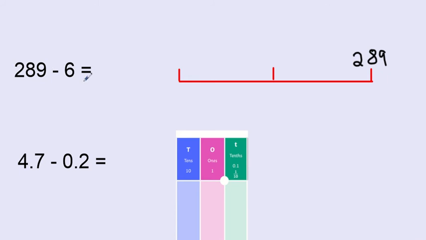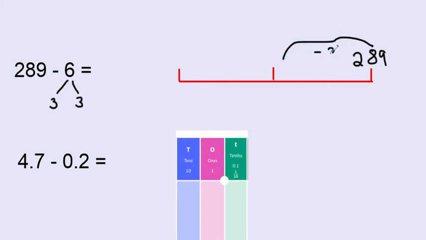So my answer's got to be smaller. When we are subtracting, it makes our answer smaller. Now I know that I can partition 6 into 2 lots of 3. So I can work backwards now.